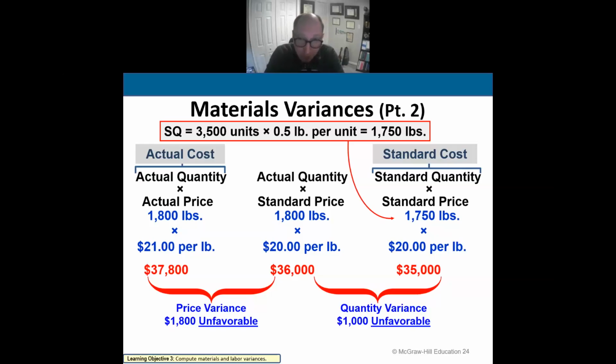Remember, it's unfavorable when the actual is above the standard. So that means my total variance is price variance plus quantity variance, $2,800 unfavorable. That's above, again, the standard.